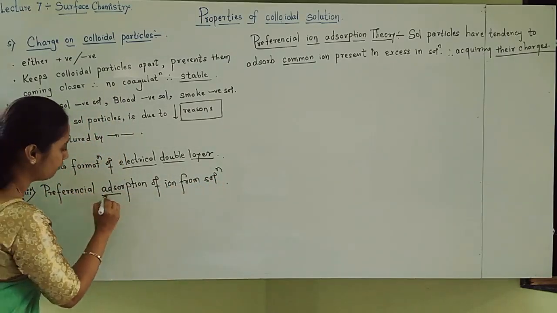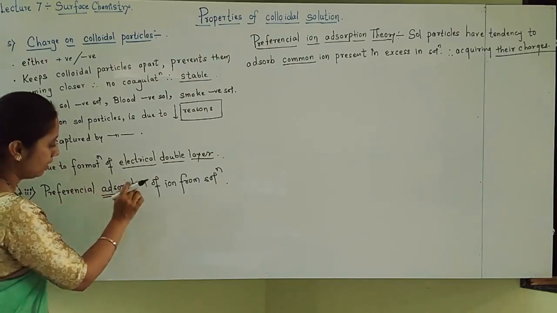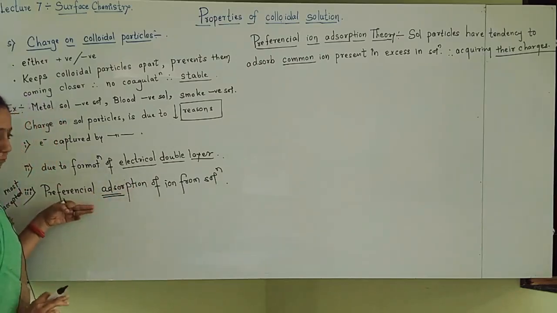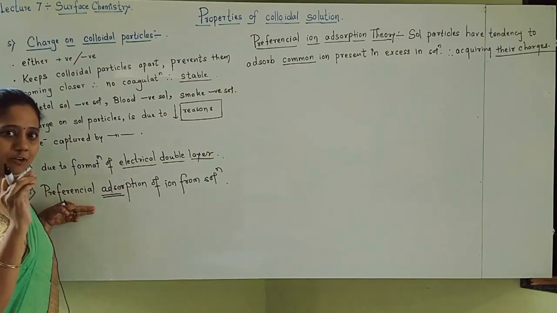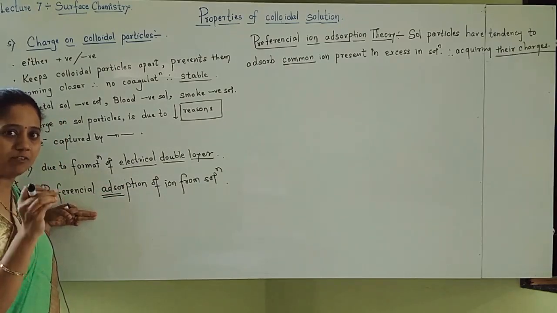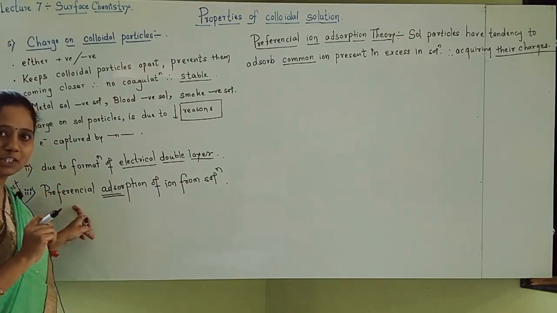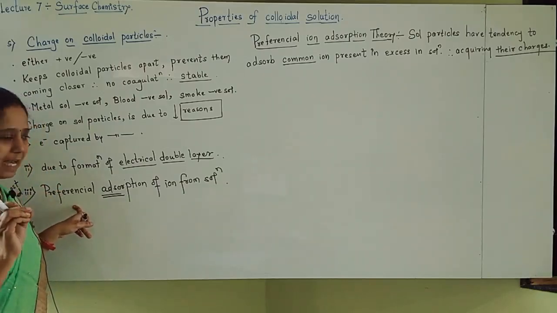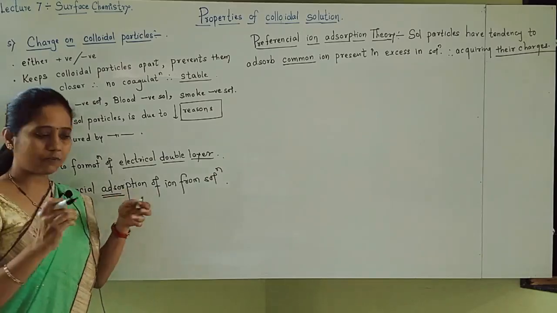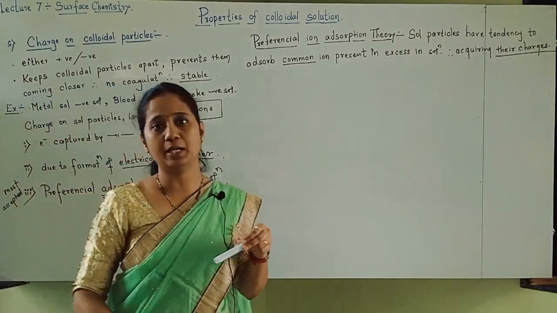Of course, adsorption will take place. Preferential, there will be a preference for the adsorption of ions. Which ions will be adsorbed? Preference will be there, and that's why this type of adsorption is called preferential adsorption. Ions from solution will be adsorbed by the colloidal particles.